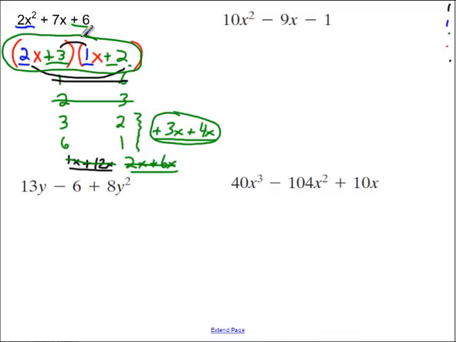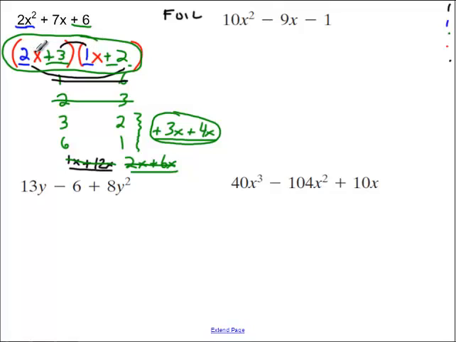And what we should do is probably now go through our FOIL and say, if we FOIL it out, will that give us a correct factorization? Will multiplying these two factors together give us that product? So let's FOIL and figure out what we got. Again, if we FOIL, we go first, outside, inside, last.